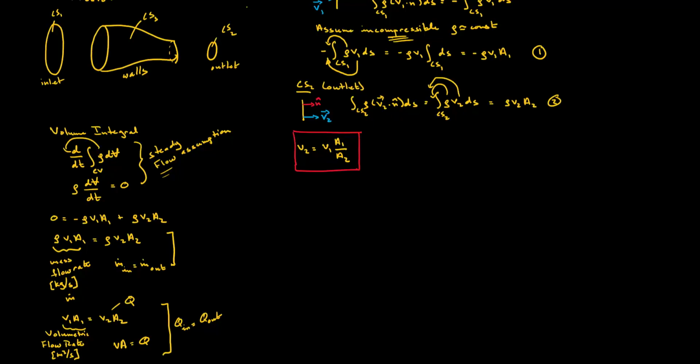Okay, so again, the mass flow rate at the inlet is equal to the mass flow rate at the outlet for a steady flow. This we've shown here once we're setting this time rate of change to 0.